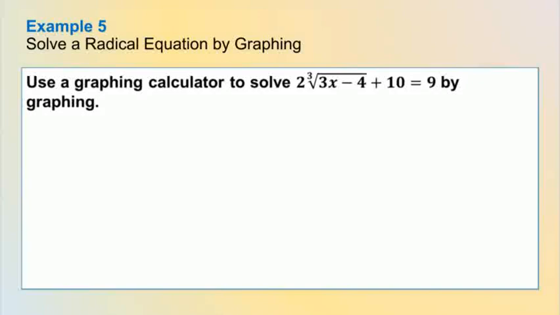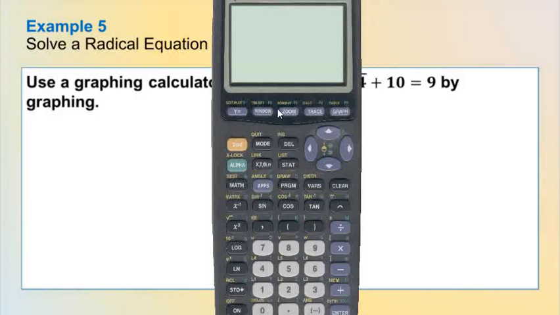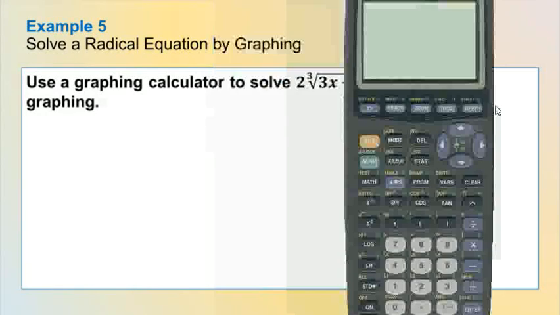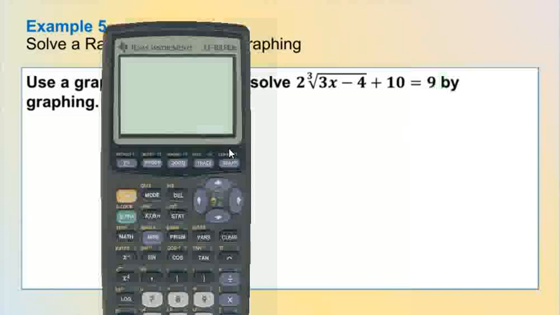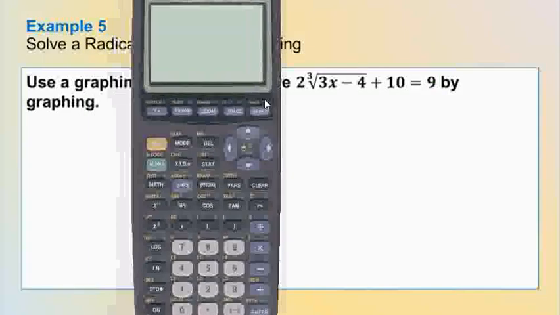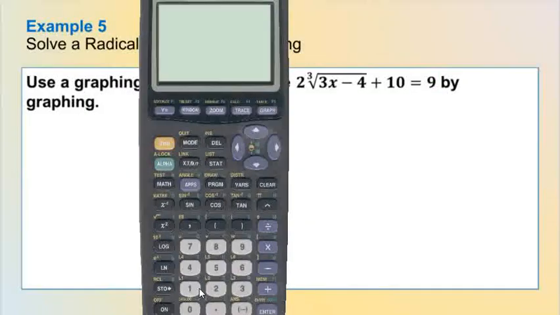So, use a graphing calculator to solve 2 times the cube root of 3x minus 4 plus 10 equals 9 by graphing. So, grab our calculator. Put that here so we can see the equation. We'll clear everything here.